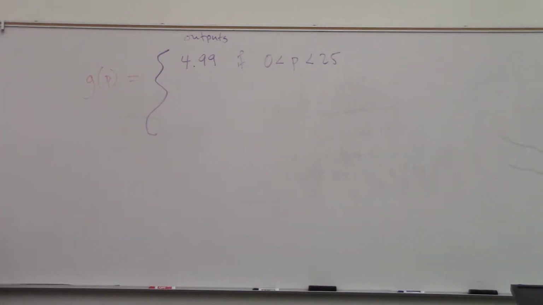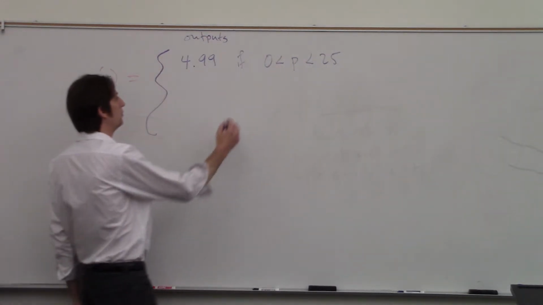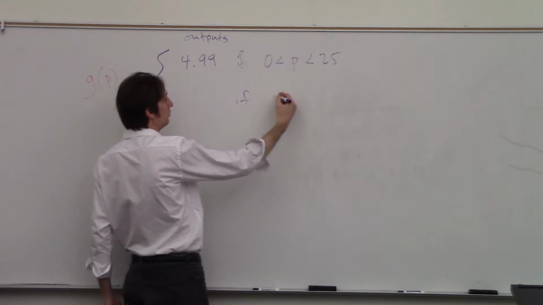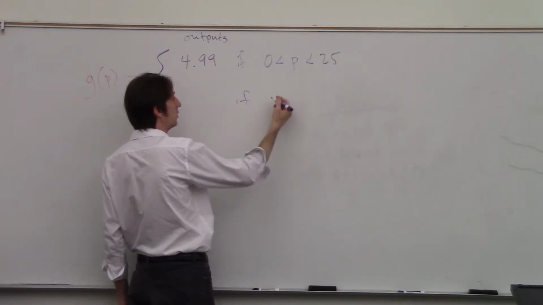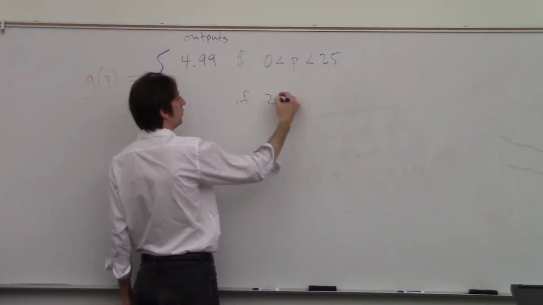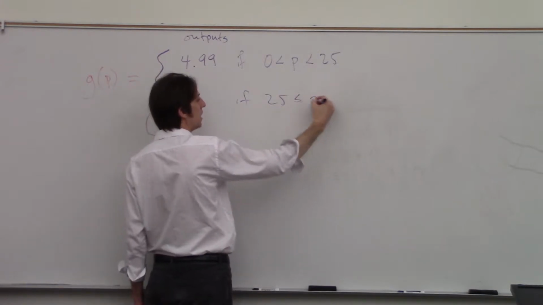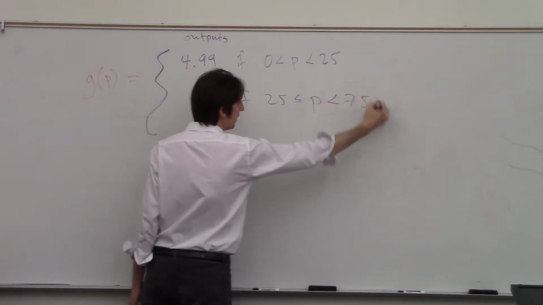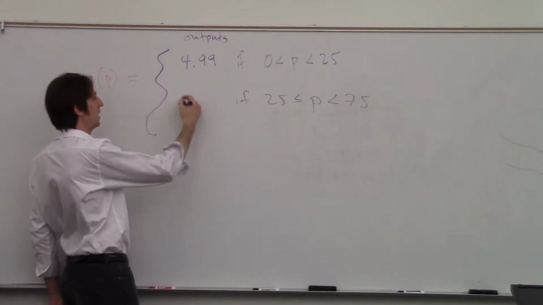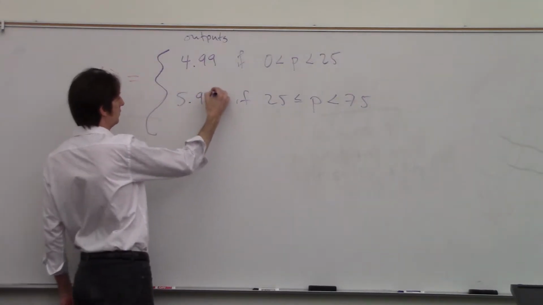The next piece of information that I'm given in the problem is that they charge $5.99 in shipping for an order up to $75. So if the price that I pay, the purchase total, is greater than or equal to 25 but less than or equal to $75, the amount of shipping that I have to pay is $5.99.